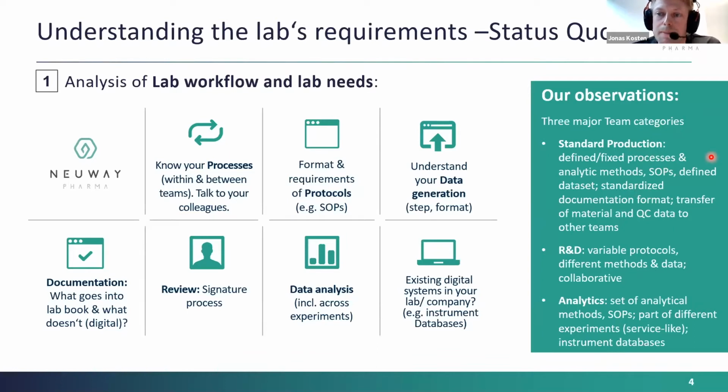The documentation is also in a very standardized format, and in terms of collaboration, they usually transfer the material and the QC data to other teams. So they are more or less on their own, but on a very strict standardized process.